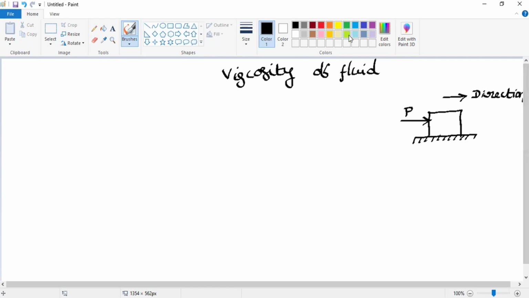Here, this body is in contact with this particular surface. If you want to move this body, the force will be applied in this direction. But between the body and the surface, some opposing force is acting.